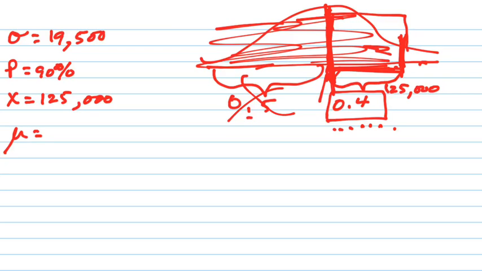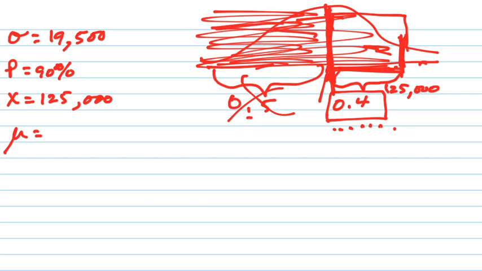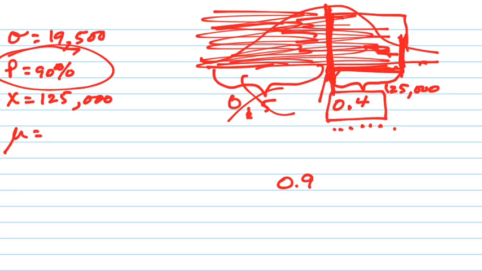Make sense? Okay? Remember, we're only looking to get to the mean. So this is half the data on this side. Then we have the rest of the data on that side. Well, if it's 90%, that's 0.9, right? Doesn't it say our probability is 90% that it's going to be below that? So this shading that I have here is 90% of the data.